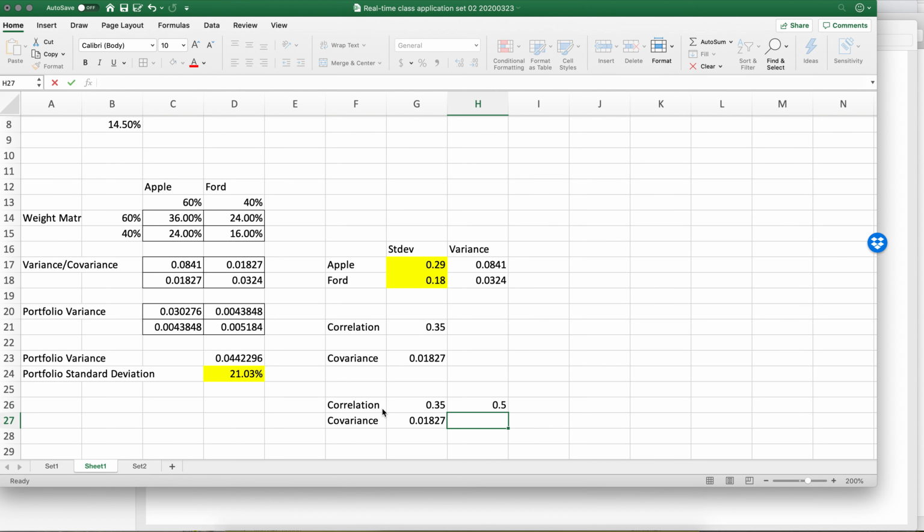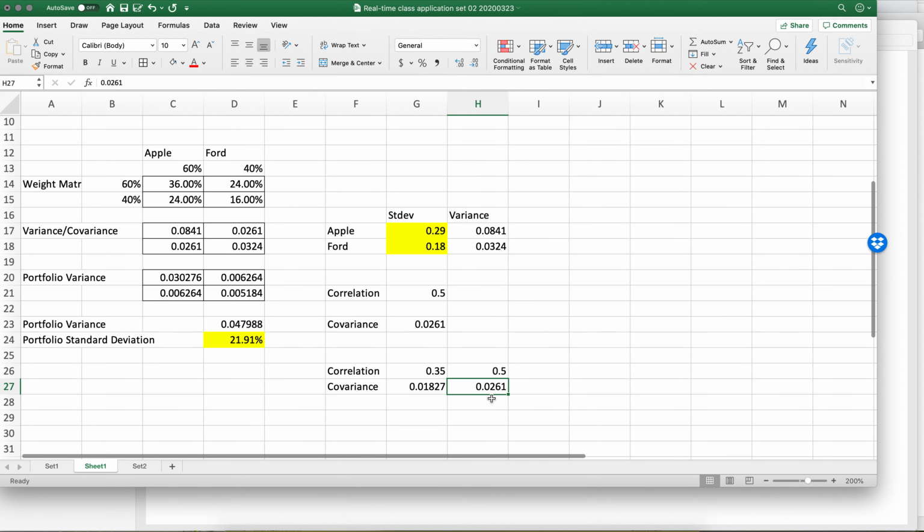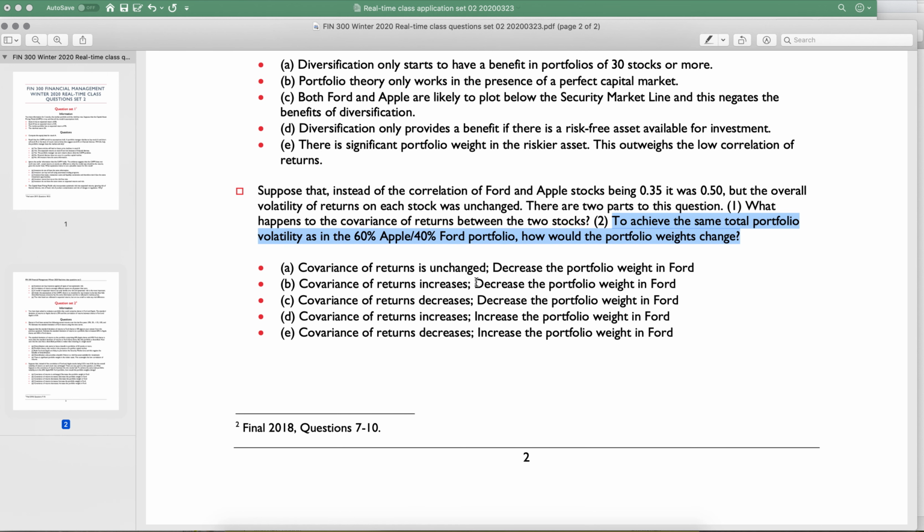So when it's 0.5, we're going to get 0.0261. So it goes up by a lot, like maybe doubled? I don't know. Let's look back at our solutions. Covariance increases. Yes, covariance increases, so it's going to be B or D.